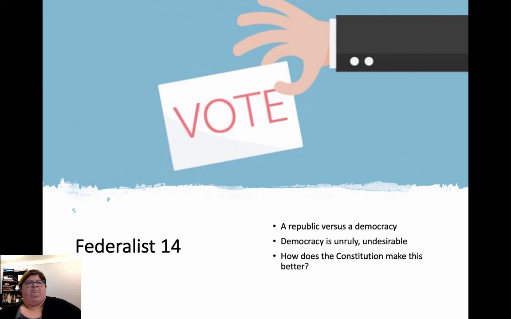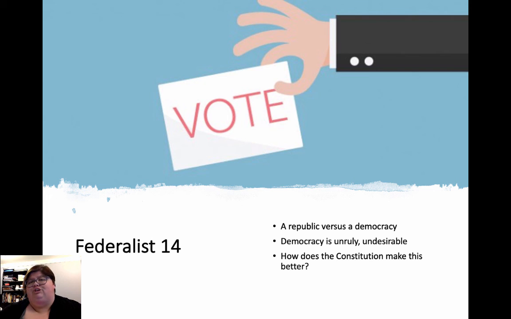A republic, on the other hand, allows people to elect representatives who can then come together and make deliberation happen. And deliberation happens when you offer a potential solution, someone else offers a potential solution, you debate, and maybe you have some changes that are made along the way to incorporate both.